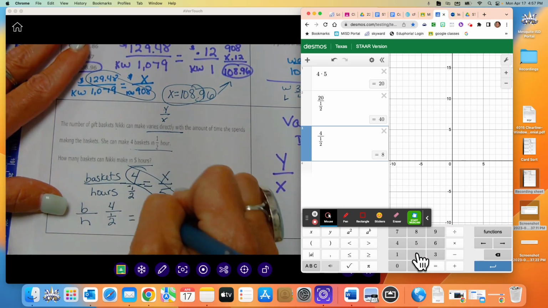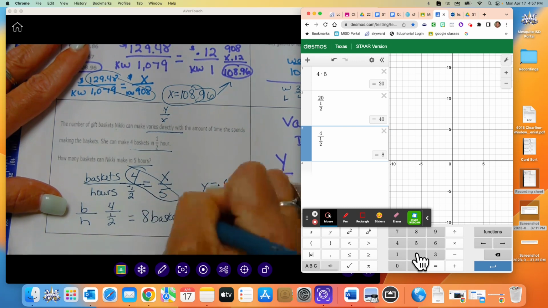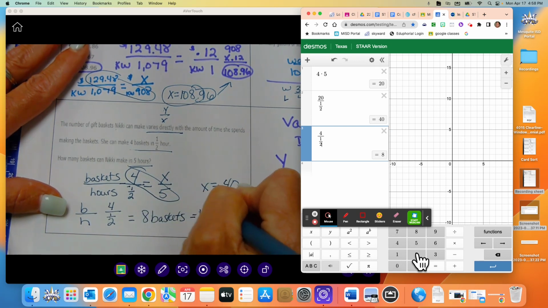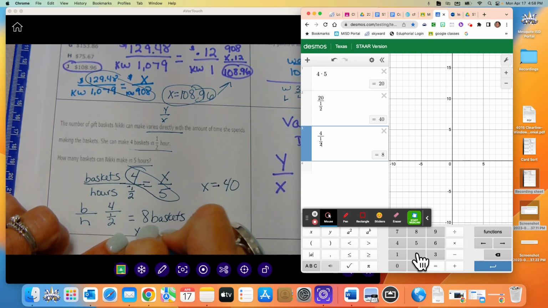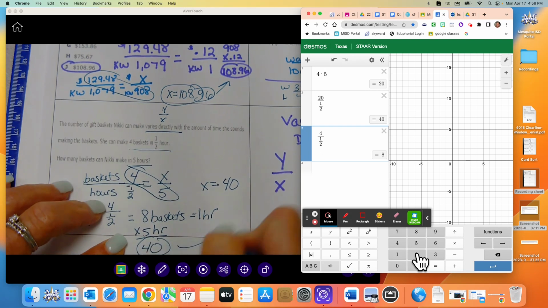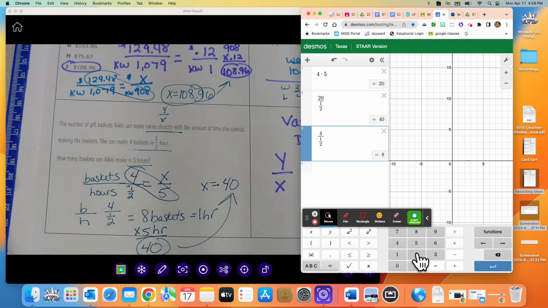So she can make 8 baskets in 1 hour. And if I want to know how many in 5 hours, I'm going to take 8 baskets times 5 hours, and I get 40. Again, I get the same answer.